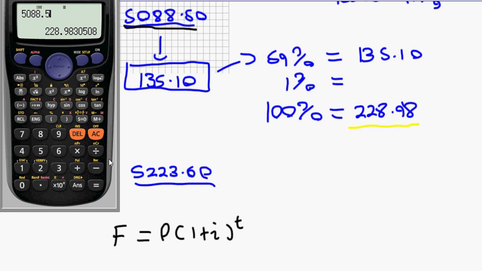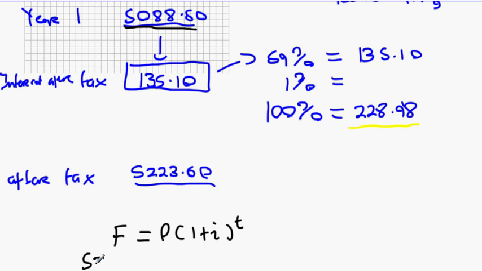We're going to add on the 228.98. So our final amount at the end of the year should have been this, but we got deducted tax. So that's 5,317.48. We start off the year, which is the P amount, with 5088.5.